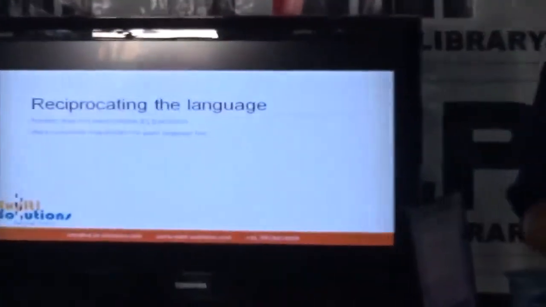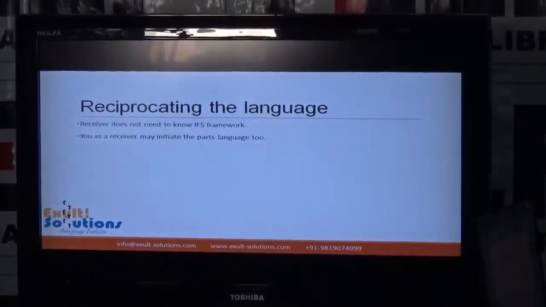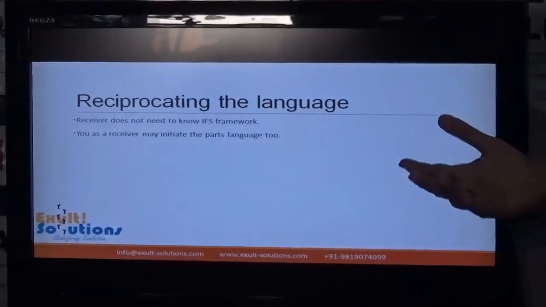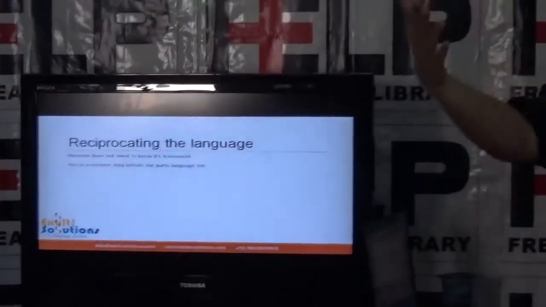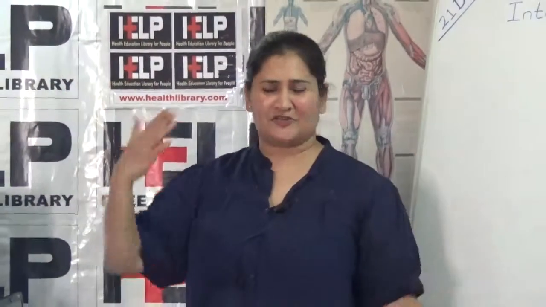And the good thing with using parts language is if you're speaking in the parts language to somebody else, it doesn't mean the other person has to know anything about IFS or even remotely know about psychotherapy or anything. Typically when we use parts language even with an absolute stranger, it works because the nature of the language is such that the tone calms down.